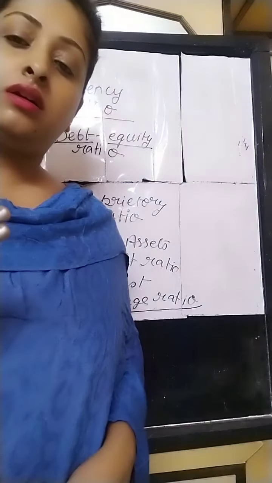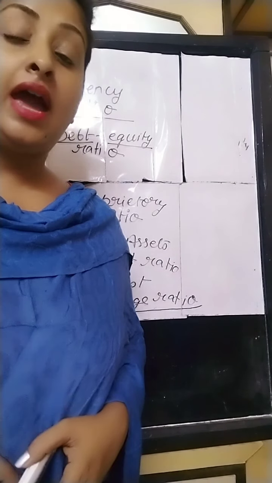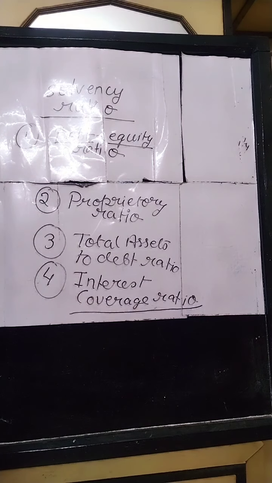All these indicate the solvency of a firm, and this solvency is expressed in these ratios. I will explain these four types one by one in my next class.